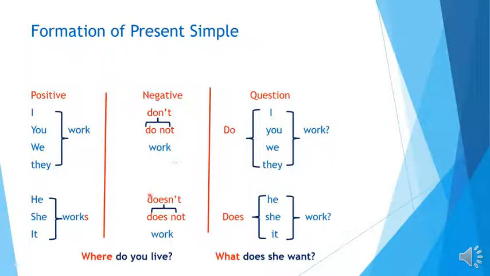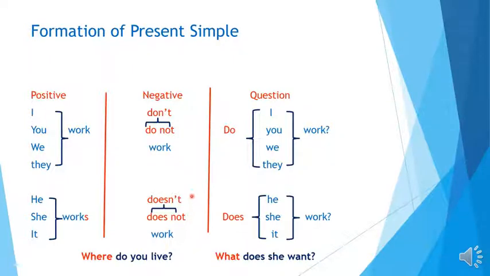And here again another kind of special part, does not. Does not is used with these pronouns he, she, it. So we say he does not work, she does not work, it does not work.